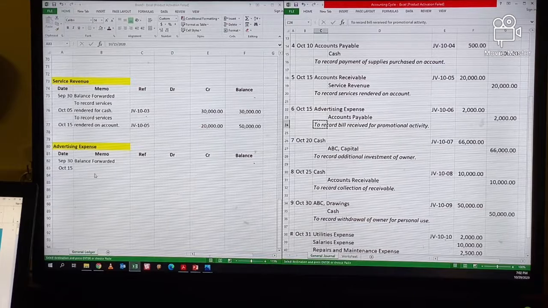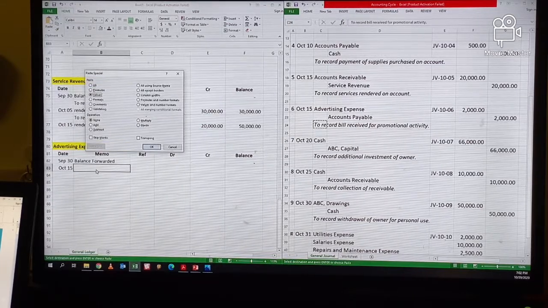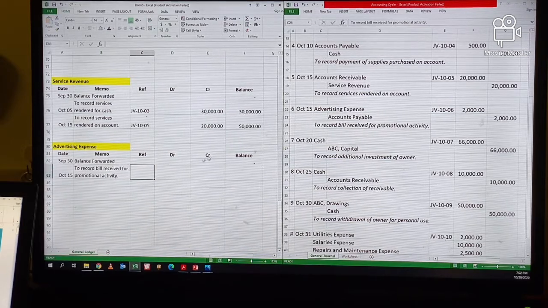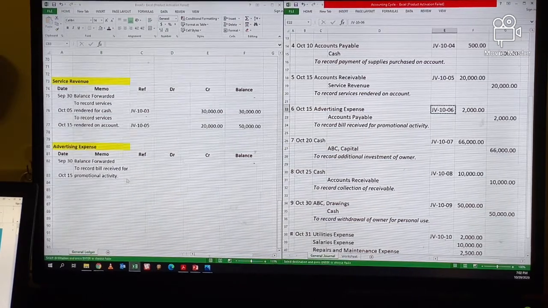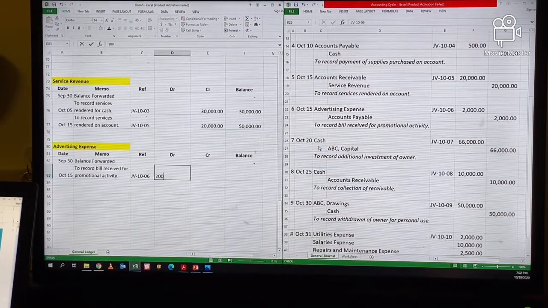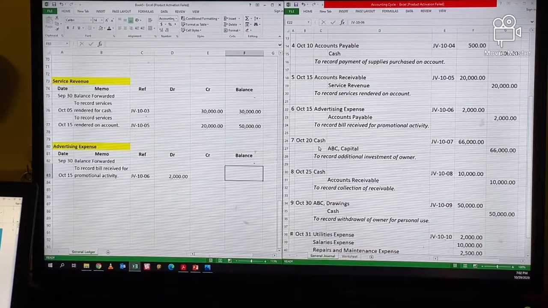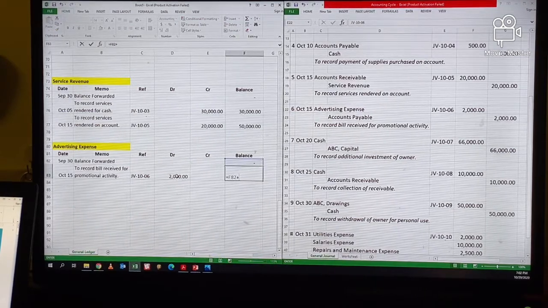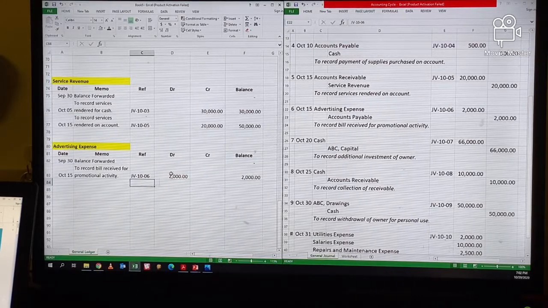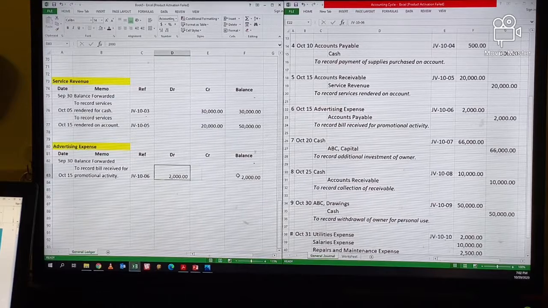Ang memo, reference, debit siya. Since expense siya, any increases, debit. So, ang normal balance niya ay debit, kaya ipa-plus mo siya. So, plus debit, minus kung may credit. Since debit siya, 0 plus 2,000 is 2,000.